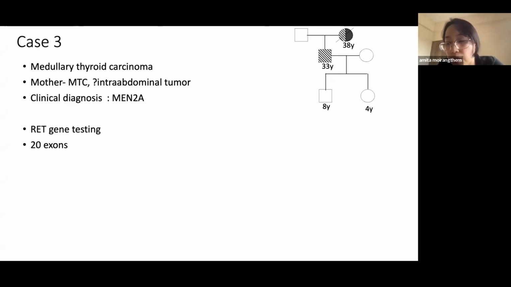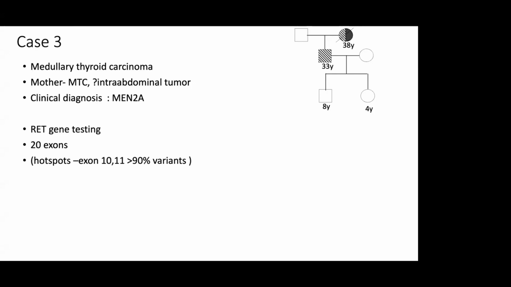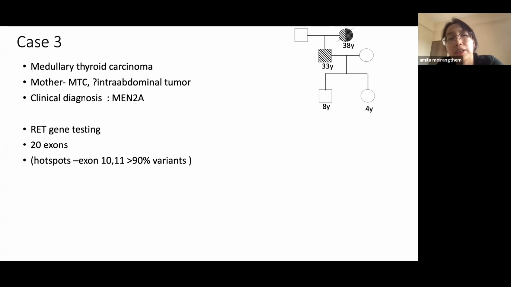The MEN2A is caused by the RET gene, and RET gene is a very large gene which has around 20 exons. But there are some locations or some mutations in the gene which are seen recurrently. These are known as common mutations or hotspots. 90% of the mutations in RET gene pertaining to medullary thyroid cancer or MEN2A are concentrated in exons 10 and 11 of this RET gene.